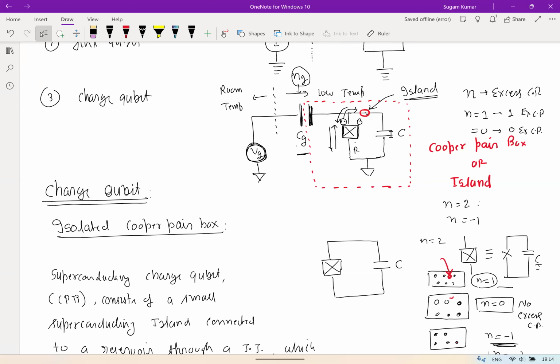It is practically done and possible. And don't think that if the Cooper pairs are hundreds, you can't change their numbers. You can add or take things out of that.